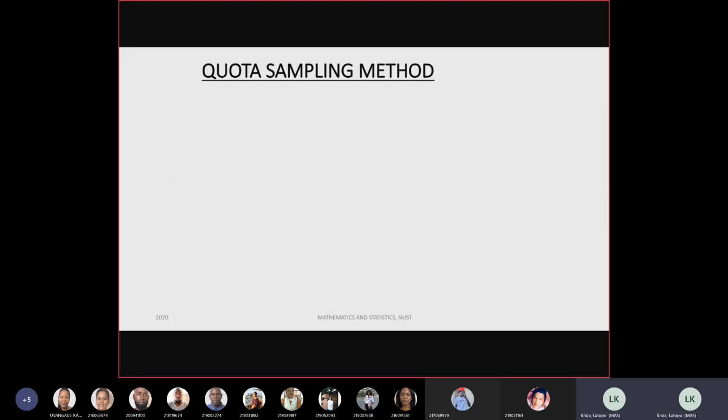Okay, then the next one is quota sampling. Like I said last time, here you're trying to meet a quota. Let's say, for example, at the mall, throughout the week, you have maybe 1,000 people that come and visit the mall.